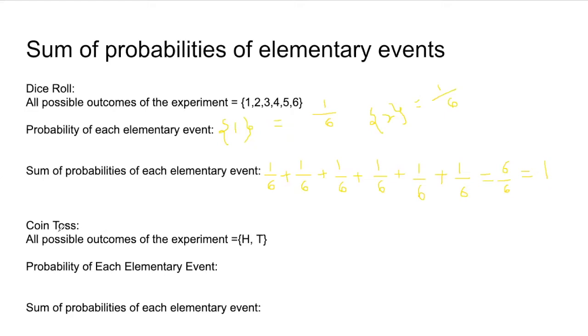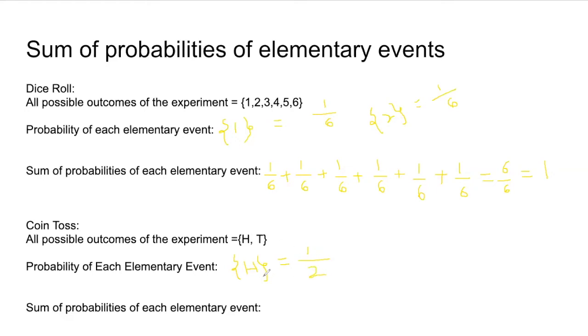Similarly, let us do it for a coin toss. All possible outcomes are H and T, that is heads and tails. Each elementary event is H and T individually. So when only heads comes, what is the probability? We saw that the probability is the number of favorable cases, that is 1, divided by the total number of cases, that is 2.